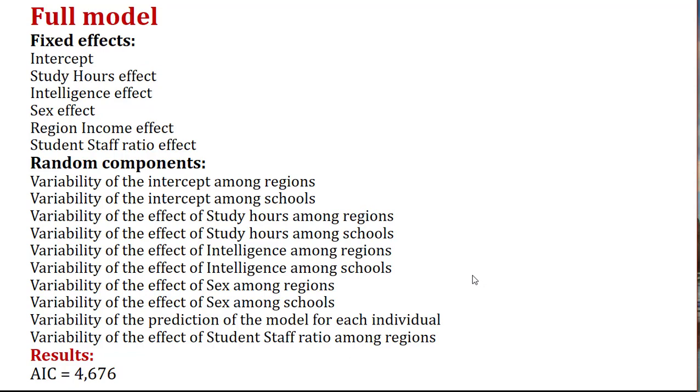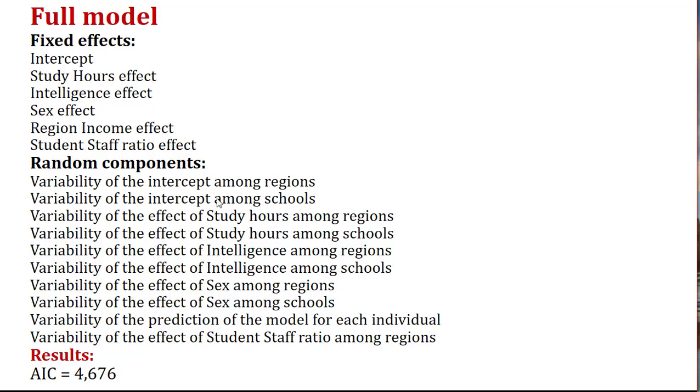We cannot see how that varies among regions. So basically the bottom line is, for a variable that is measured at one level, you cannot condition on that level or investigate the variability of the effect of that variable on the outcome variable in the level at which you measure it.